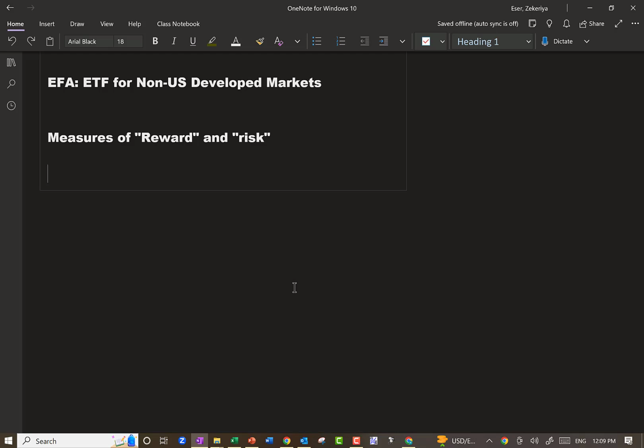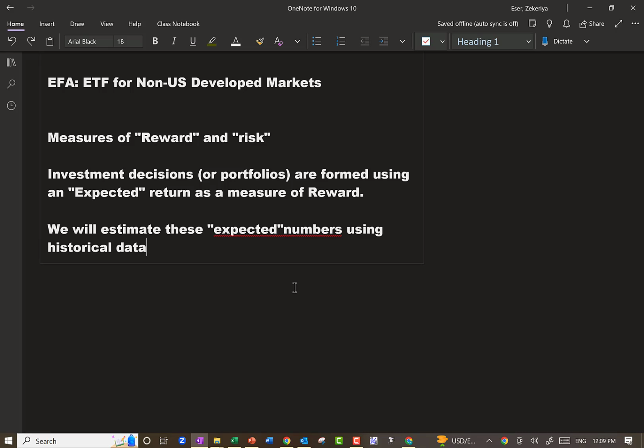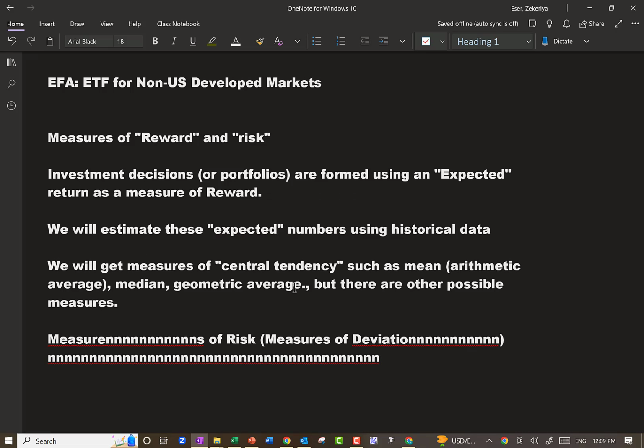So I have to get these back. Control Y redoes Control Z, which is an undo. Okay.